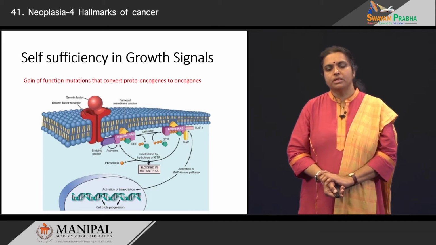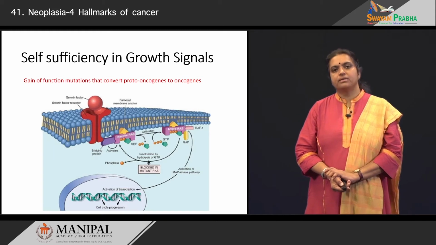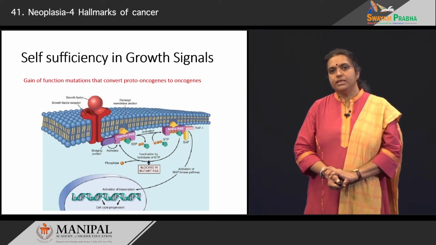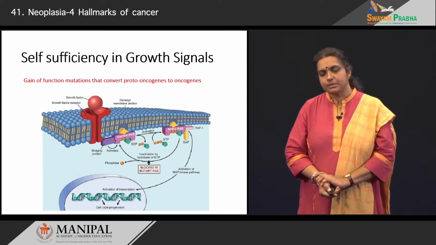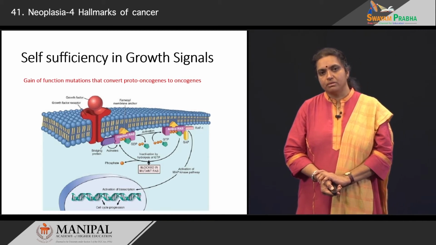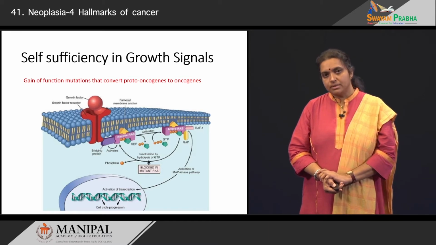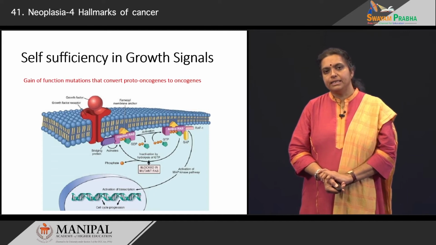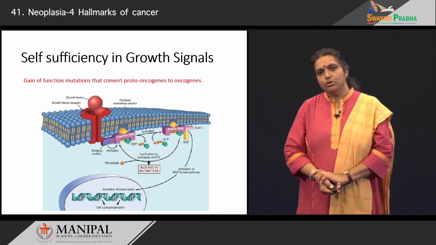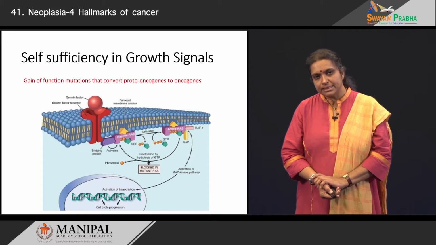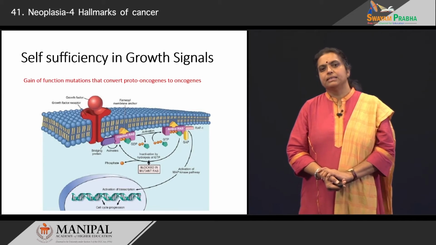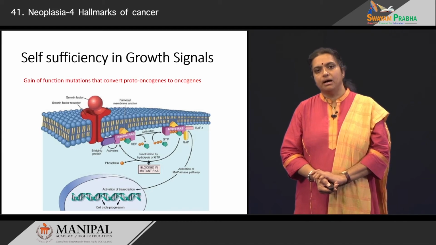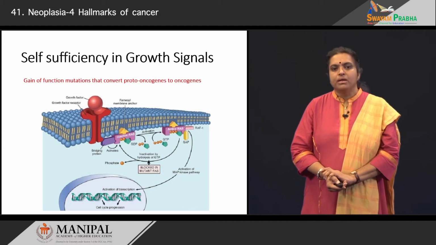Ultimately, it goes into the nucleus, wherein transcription factors are activated, and they promote the transcription of various genes that are necessary for building cellular organelles, and finally, the cell goes into a cell cycle, because cyclin dependent kinases and all those proteins that are necessary are transcribed.